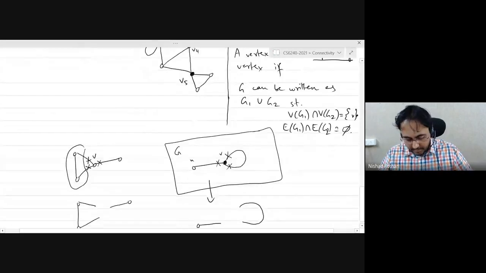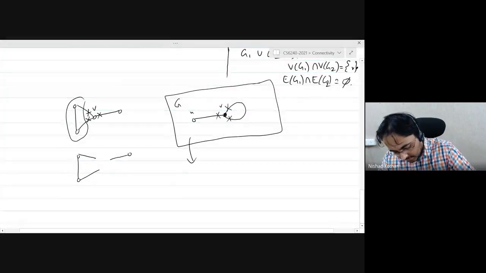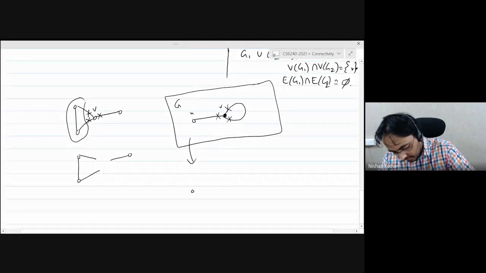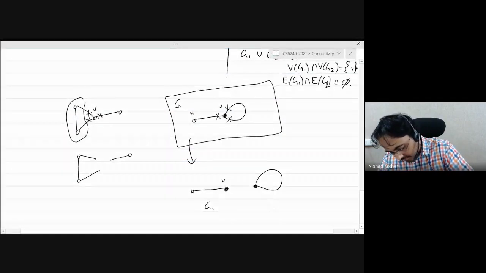To give you an example, here in this graph, I could write G as the union of this graph, where V is a common vertex, and the union of this graph.